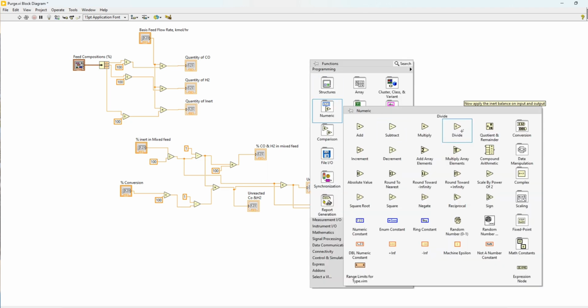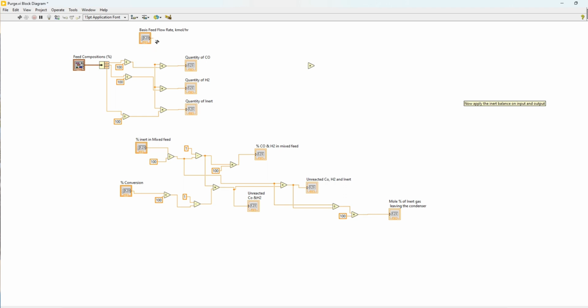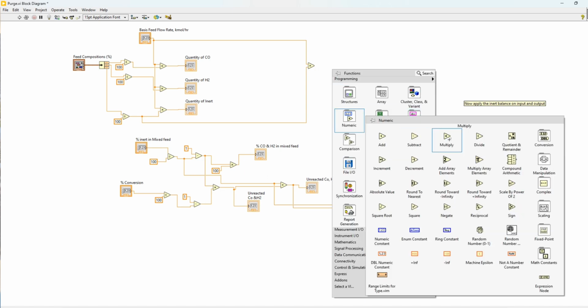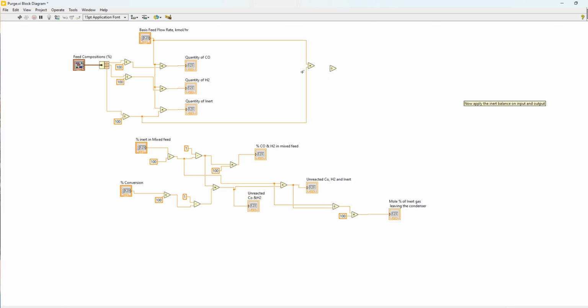So again multiply the basis, and we have inert composition. So this is inert composition, and this is divided by your mole percentage of inert gas leaving the condenser.